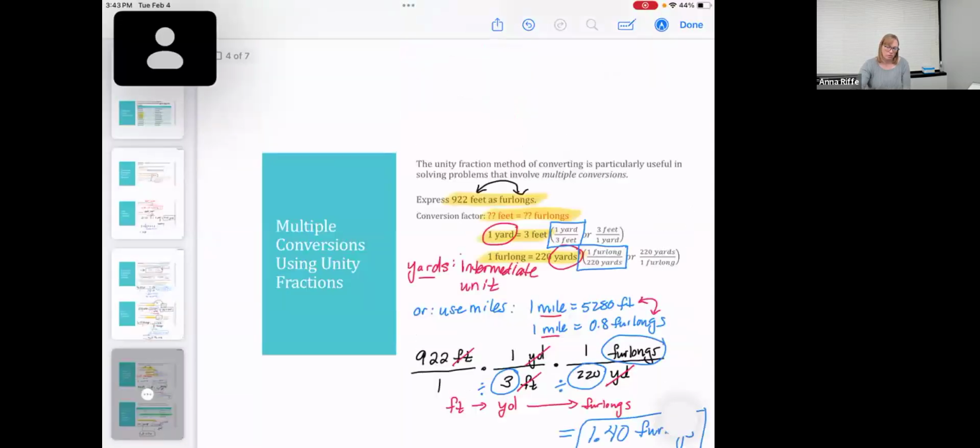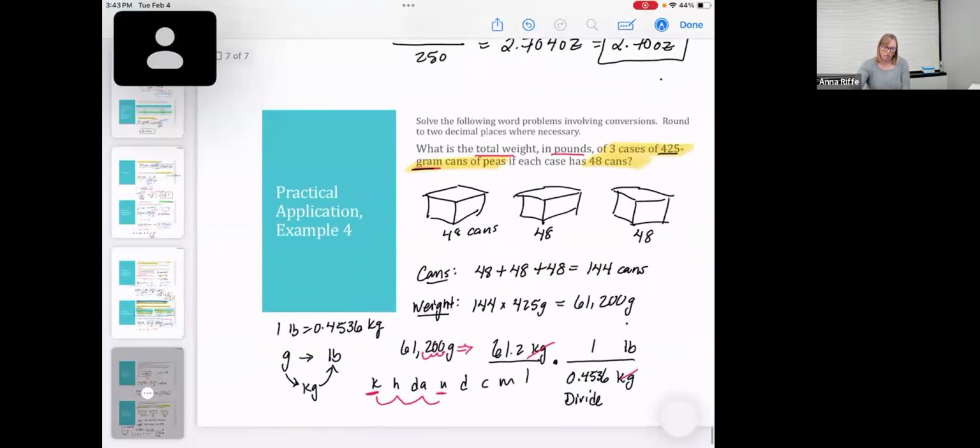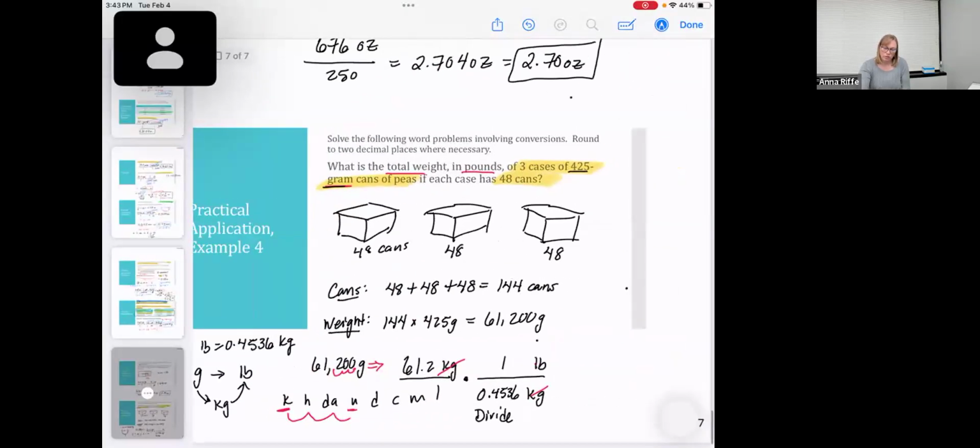All right. So that should be 134.92 pounds is the unit that remains.